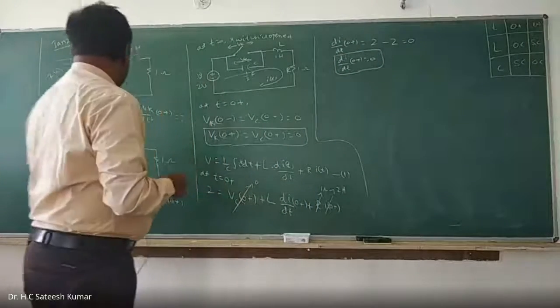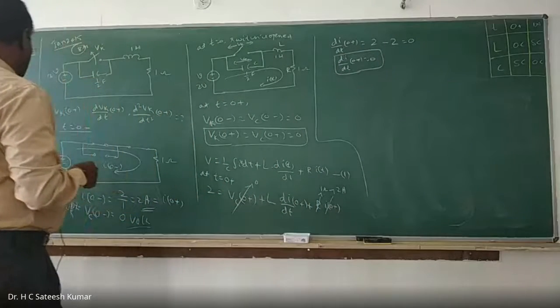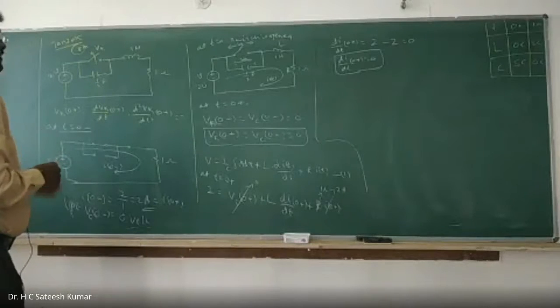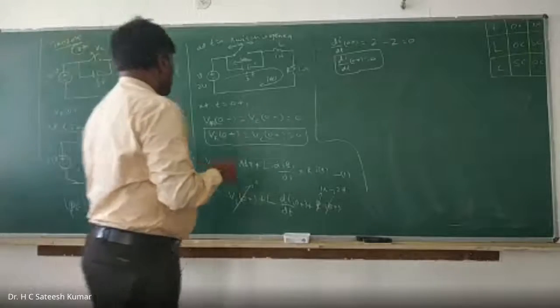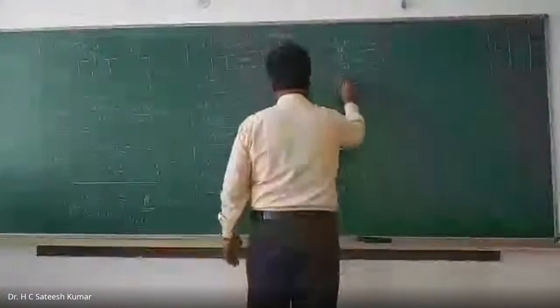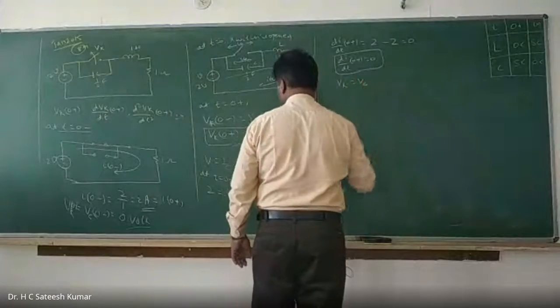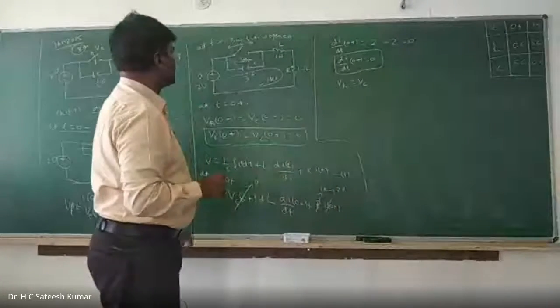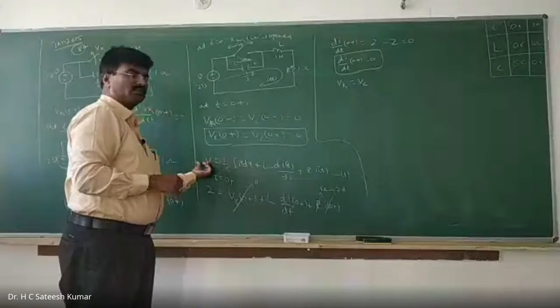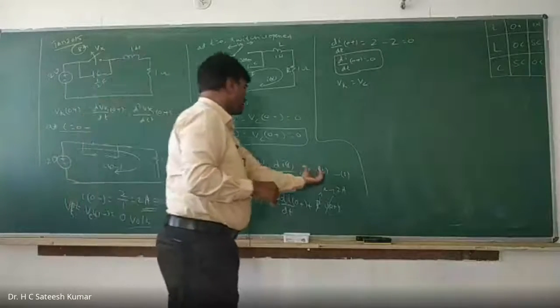Now we should calculate dVk by dt. What is Vk? Vk is nothing but equal to Vc. Vc is this voltage plus this voltage plus this voltage.